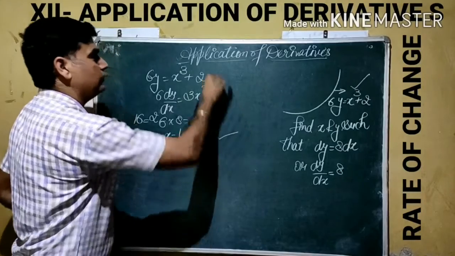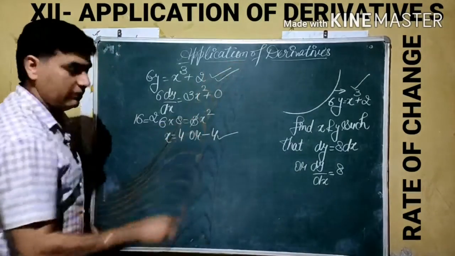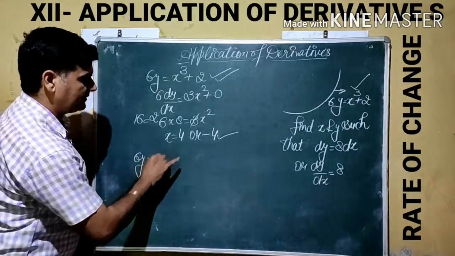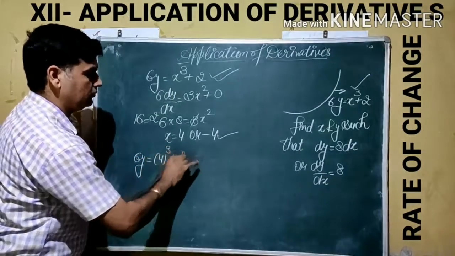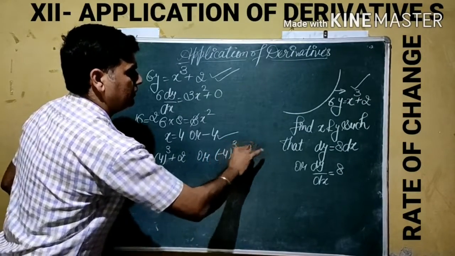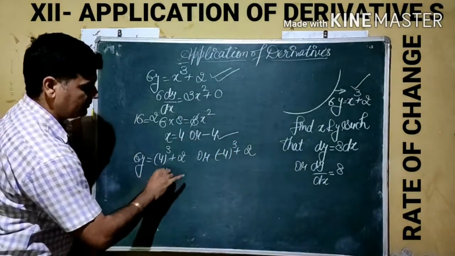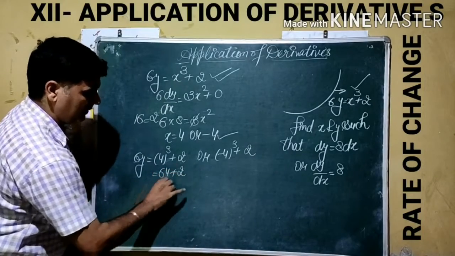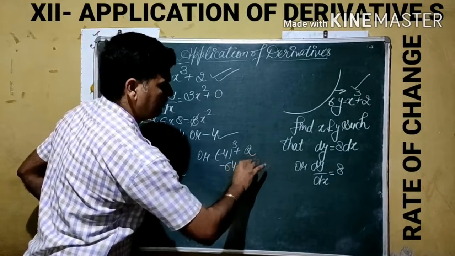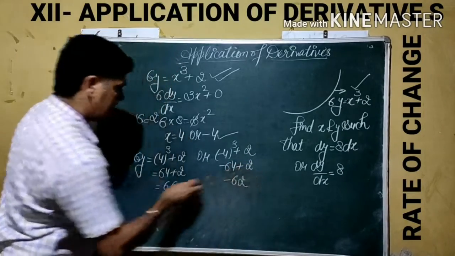Using this value in the given equation of the curve, we get 6y is equal to cube of 4 plus 2, otherwise cube of minus 4 plus 2. So we get 64 plus 2, 66 in one case, and in the other case minus 64 plus 2, means minus 62. These are the values of 6y.